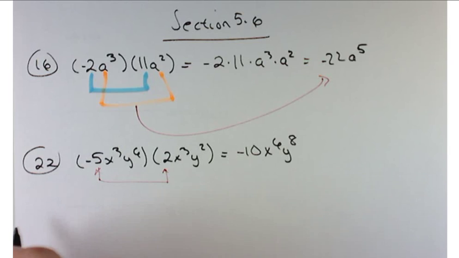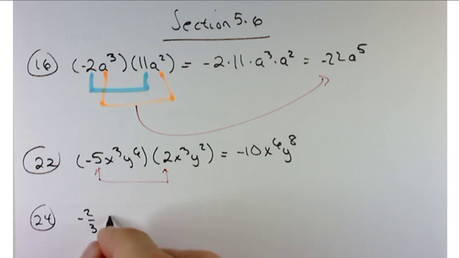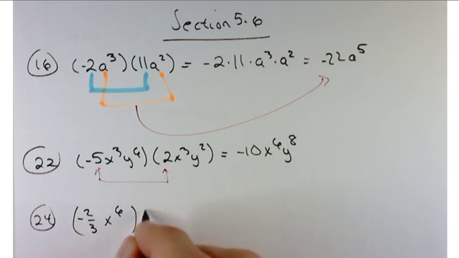Now, we'll do one last one like this, and then we'll start bumping things up slowly but surely. Problem number 24, negative 2/3 x to the 6 times 9x cubed.